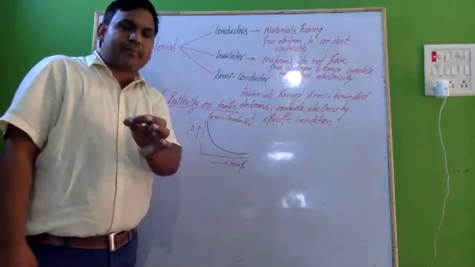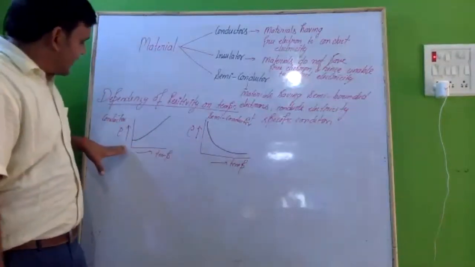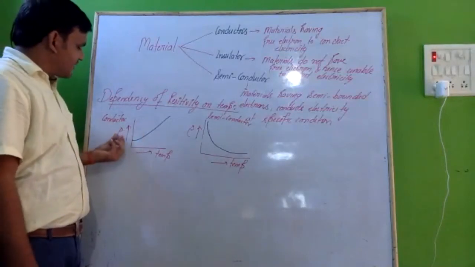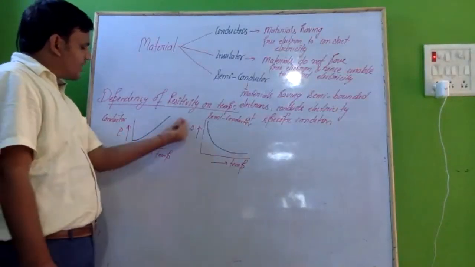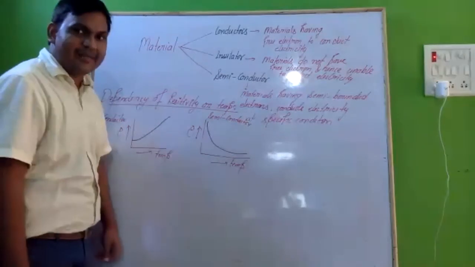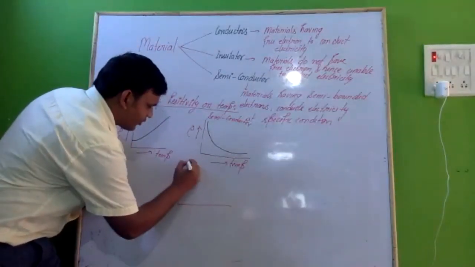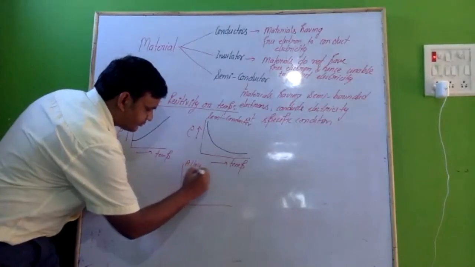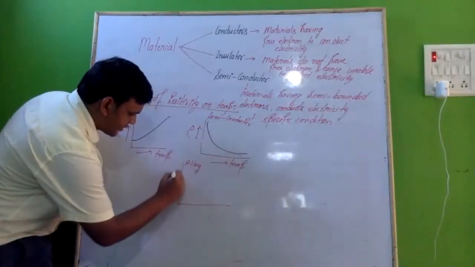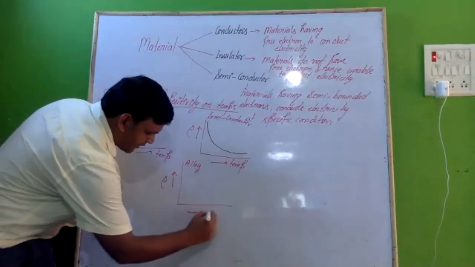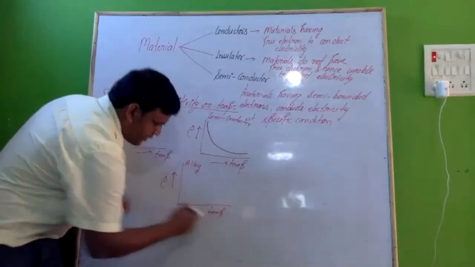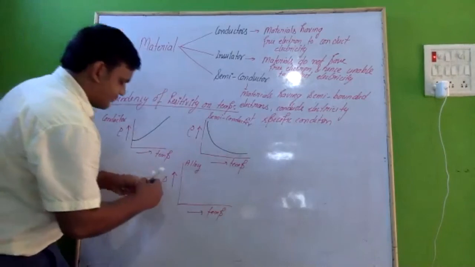One thing you should remember: you are seeing that the resistivity of this conductor is going to change linearly. For the case of an alloy, here will be resistivity and here will be temperature. It will be something like this.